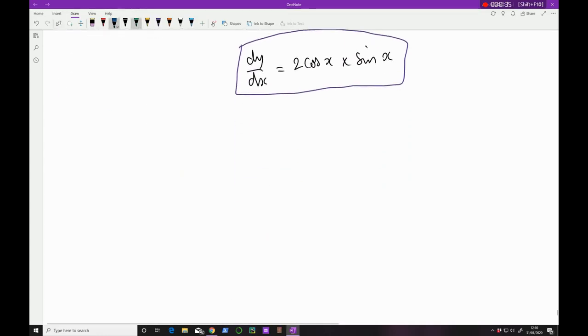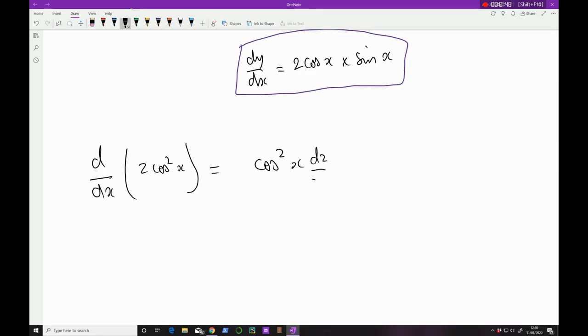So d over dx of z cos squared x actually equals cos x dz by dx plus tan x cos squared x. So this is an exact derivative, okay?